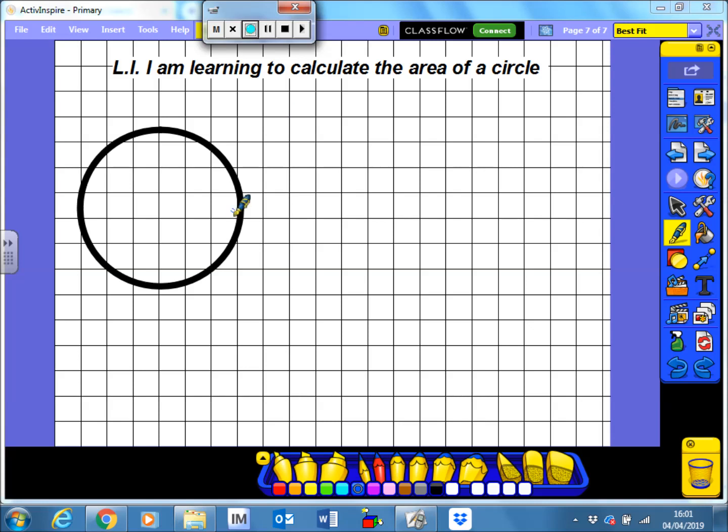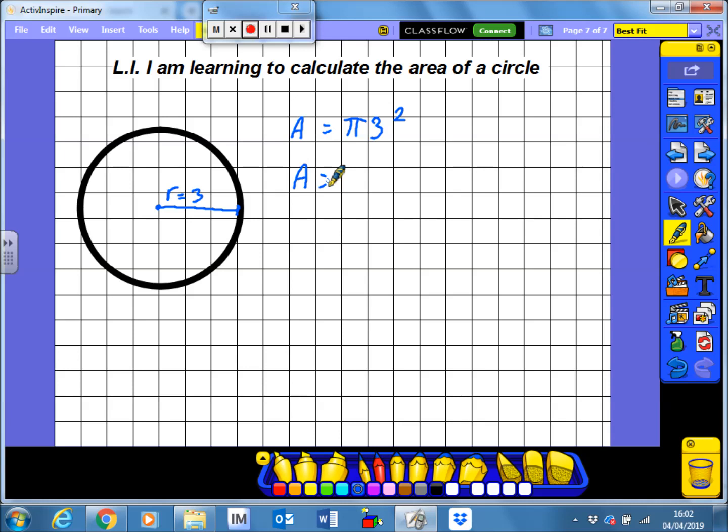The diameter of this circle is 6, and so the radius, going from the centre to the edge, is going to be 3. So radius equals 3. Now, we know already the area equals pi r squared. Well, we know the radius, so we can replace that with 3. So it's really pi times 3 squared. Well, the easiest thing to solve in that is the 3 squared.